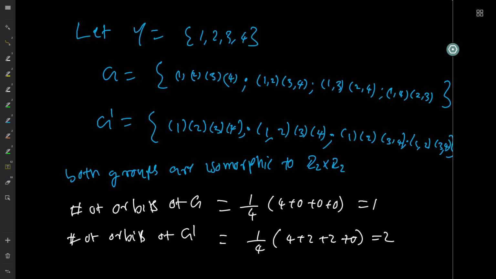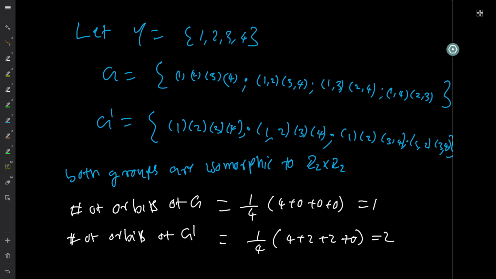You will see that you get 4 plus 0 plus 0 plus 0, right, for the action of G. On the other hand, the number of orbits of G' is 1 by 4 into 4 plus 2 plus 2 plus 0, because in the cycle (1 2)(3)(4), the two elements 3 and 4 are fixed.